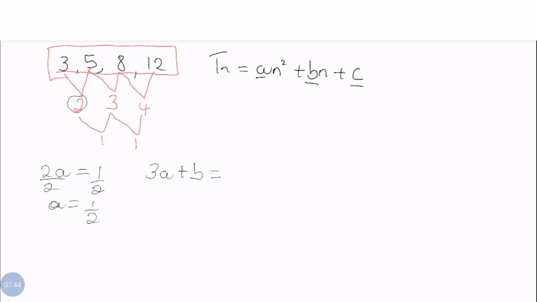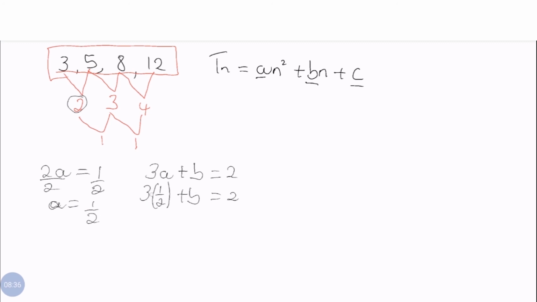So all this is equal to 2. Now we know the value of a. Then we will have to substitute the value of a with 1 over 2 and then solve for b. So here's what we will do. 3 multiplied by a, that is 1 over 2, plus b is equal to 2.